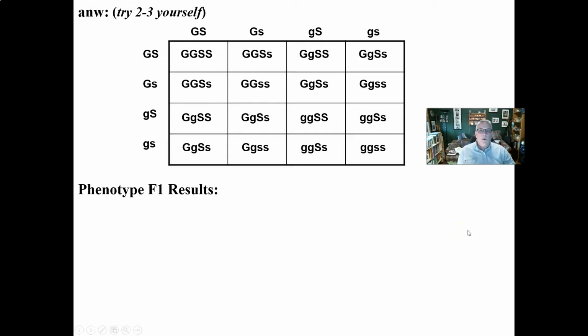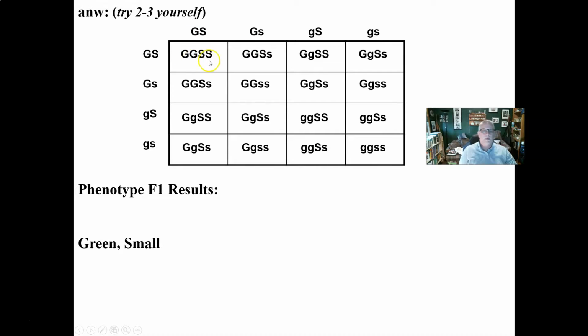So what would be the phenotypic results, or F1? So F1s are all our offspring right here. What's the phenotypic result? Well, we're going to have some green small, right? Now, by the way, how do I know this? You go back and you look at the original question. So if you have a big G, I don't care if it's 2 big G's or 1 big G and 1 little g, it's got to be green.